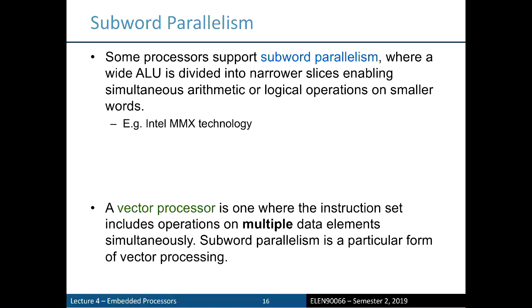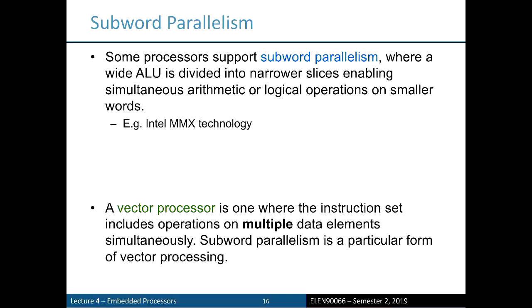So the problem is you've got a big 32-bit processor and you're going to have to be doing 8-bit operations with it. That seemed very wasteful. So the idea was you took instructions and you allowed them to operate on multiple chunks of 8 bits at a time.